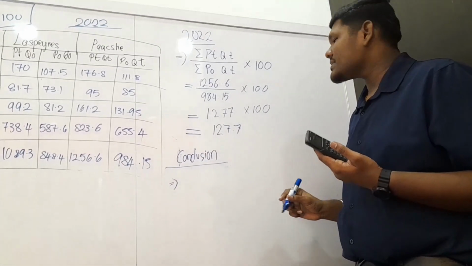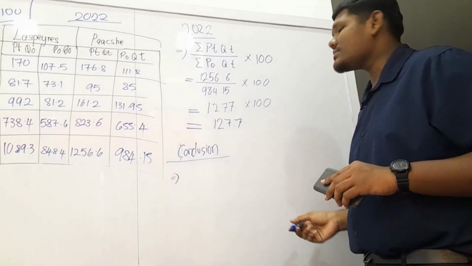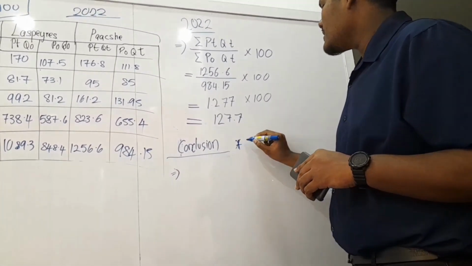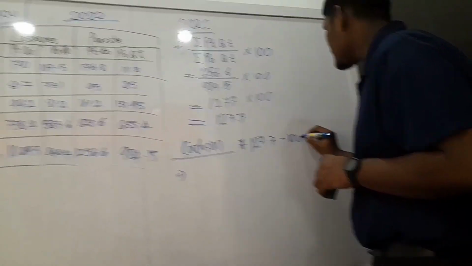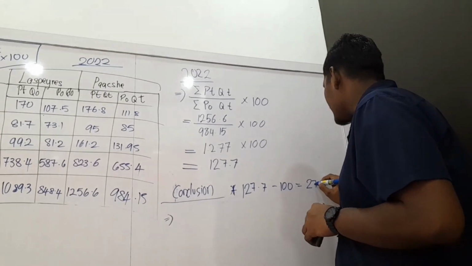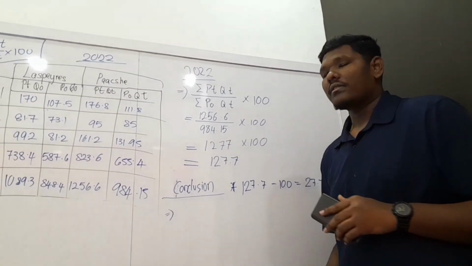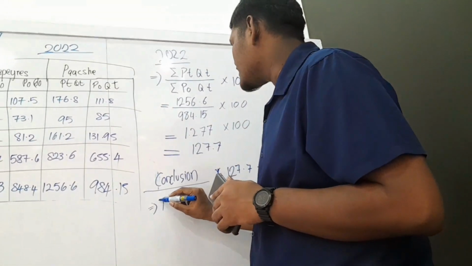And for the conclusion, as usual, we have to change it to percentage. 127.7 minus 100 equals 27.7. Alright, now let's write the conclusion.